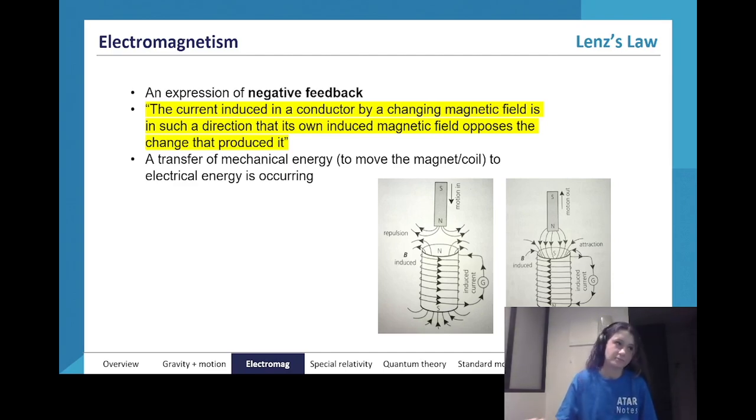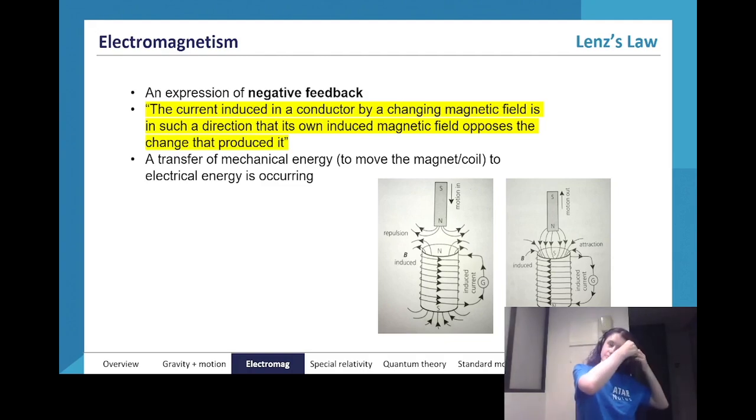What this means is that the current induced in a conductor by a changing magnetic field is in such a direction that its own induced magnetic field opposes the change that produced it. And this is kind of hard to wrap your head around.